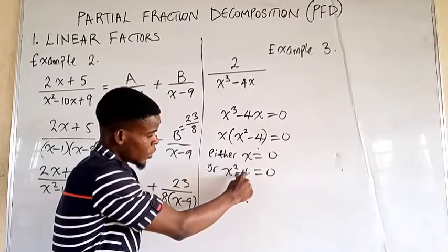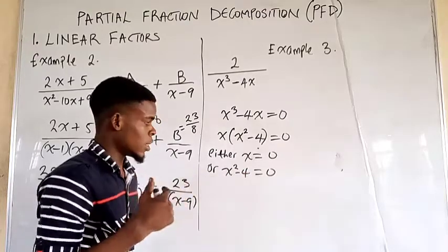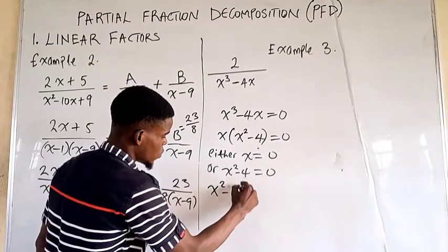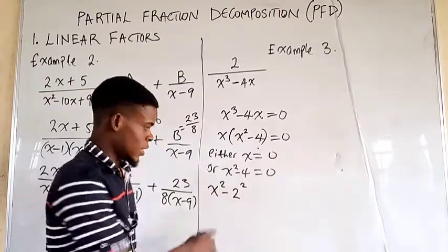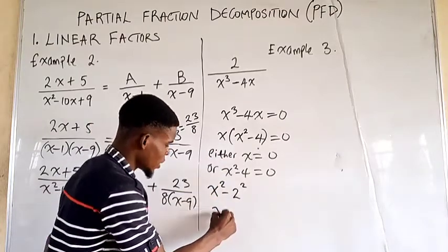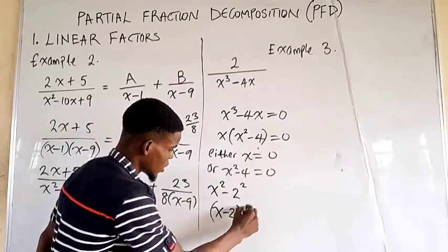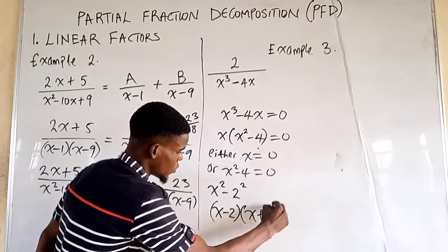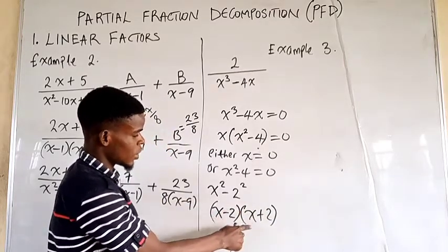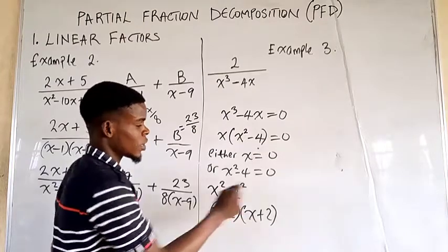Well, 4 on its own is a perfect square, which is 2 squared, and this is a difference of 2 squares. So we enter with x minus 2 times x plus 2, that is the first term minus the second term times the first term plus the second term.